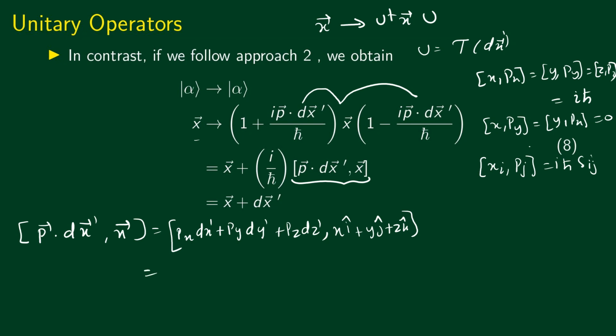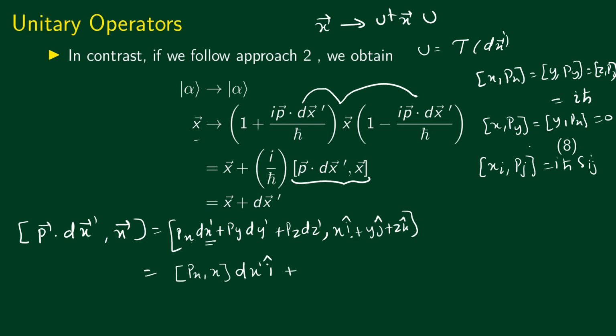So let's expand this commutator. We have to take all the terms, but we need to take only non-zero terms, because the only non-zero terms appearing here are the commutator of px with x, the commutator of py with y, and the commutator of pz with z. All other combinations are zero. So let's write it like this. This is the commutator of px with x, and there's a dx prime here and an i hat there, so it becomes multiplied by dx prime i hat.